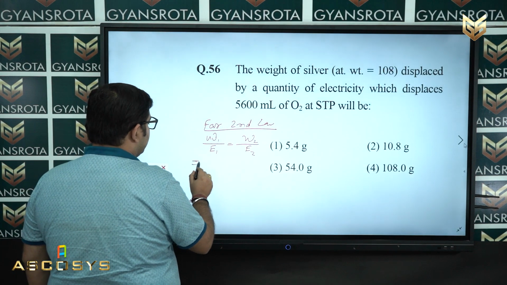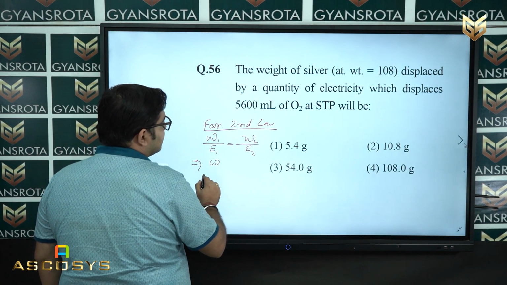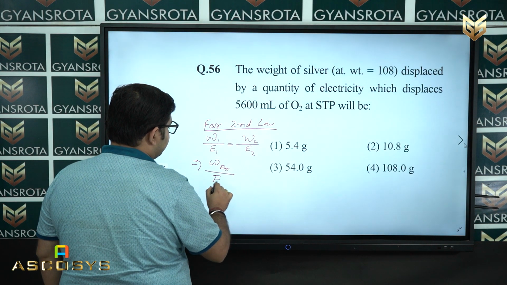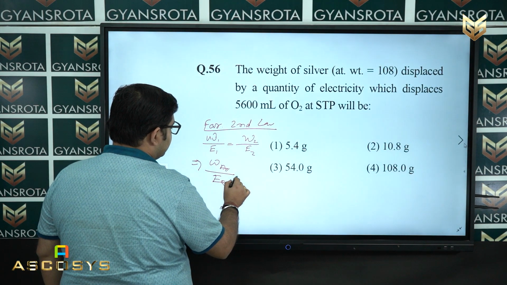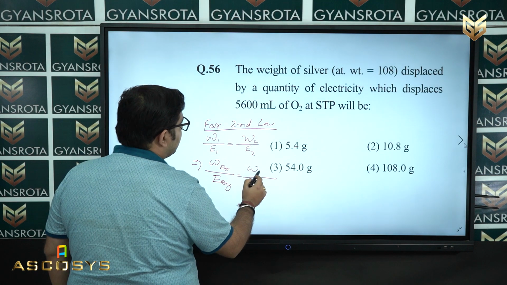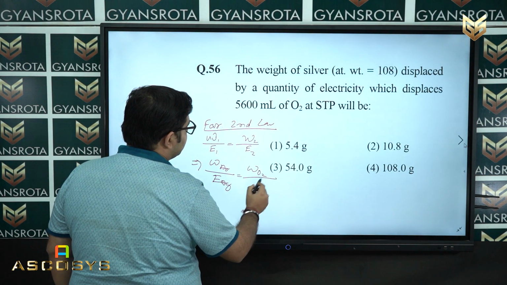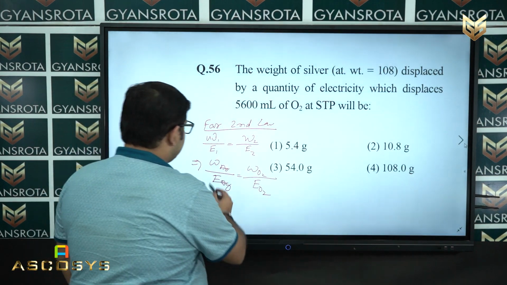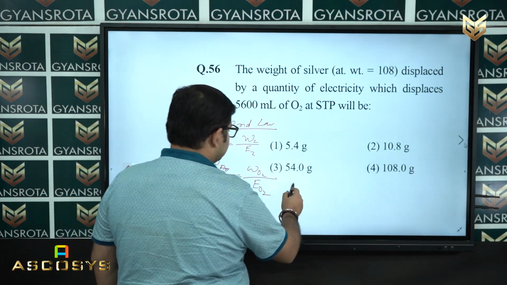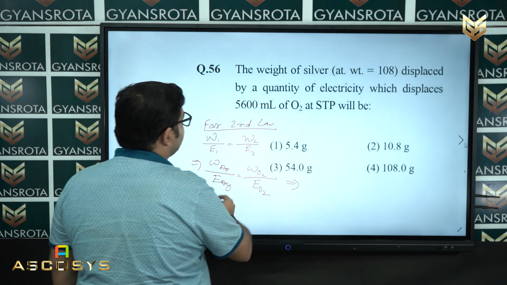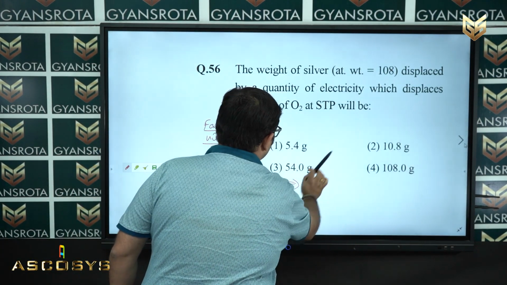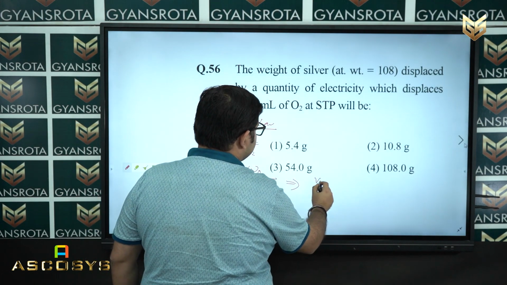So here, W of silver, that is Ag, by E of Ag is equal to W of O2 by E of O2. Now, first let us see the W of Ag. We have to find out the W of Ag.